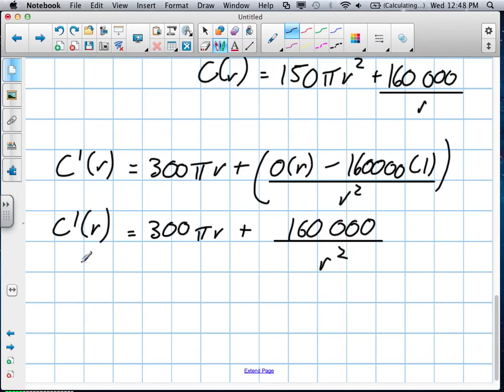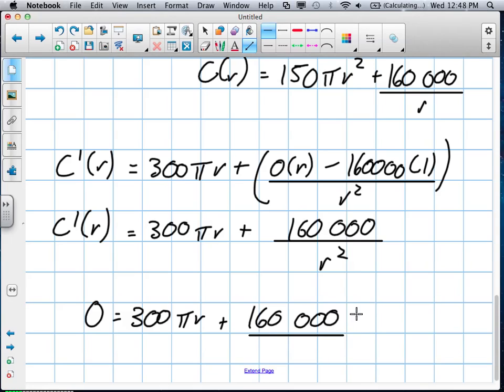Okay. Well, we know we need to set this equal to 0 in order to solve this question. So 0 will give us a minimal idea. We know our slope being 0, 300 pi r plus 160,000 divided by our r squared. Negative, yes, yes, yes. Because this is negative, this turns into a negative. So subtracting like that, we're going to move this to the other side.